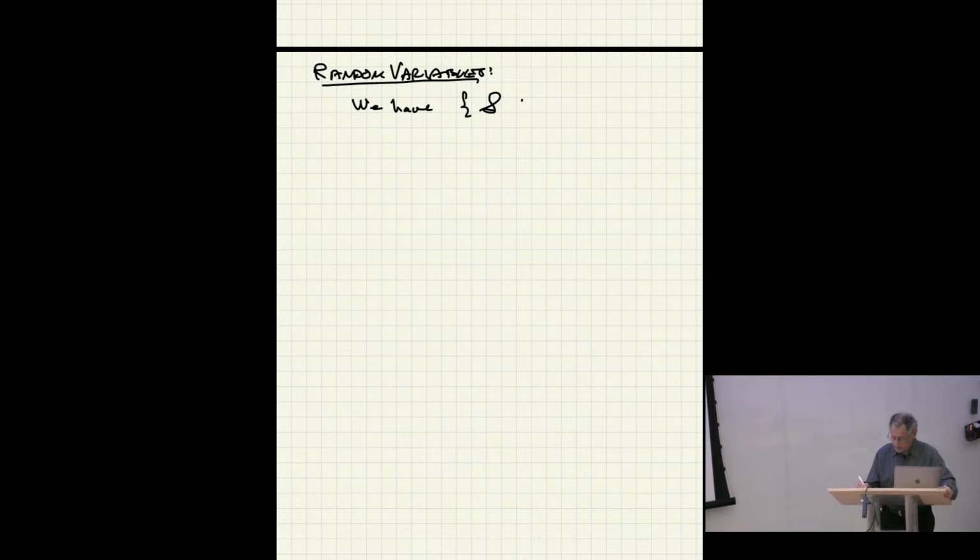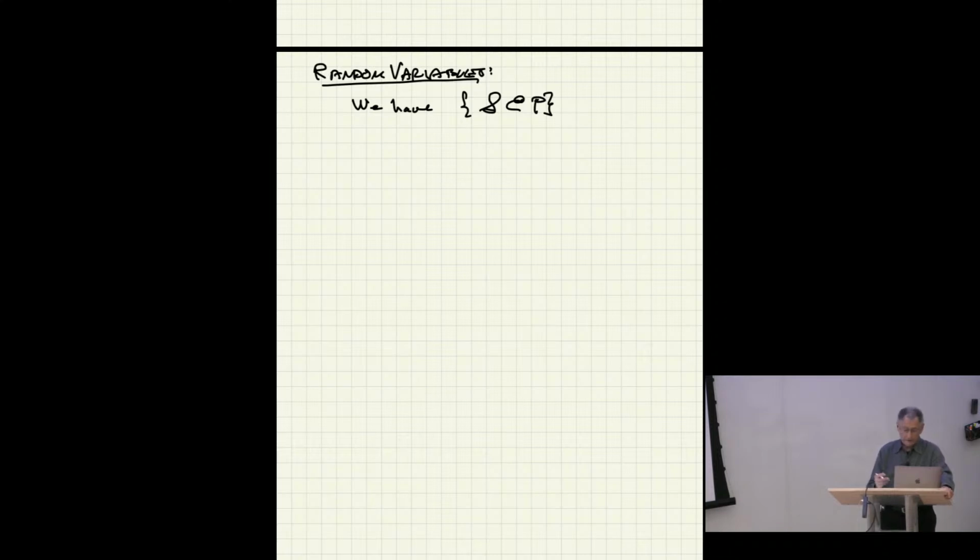Okay, let's continue now. I want to introduce something you should know something about, called random variables. Now, we already have that triplet, namely the probability system: the sample space, the set of events, and the probability measure.